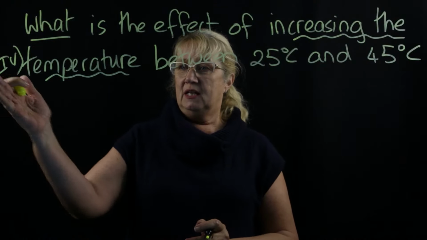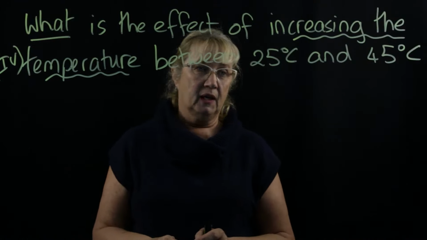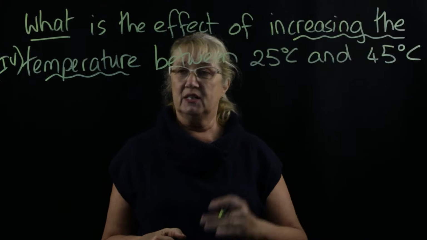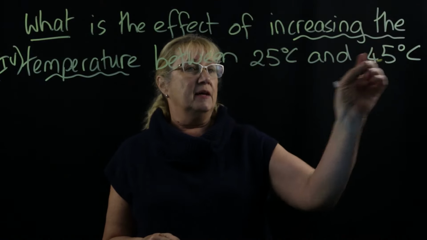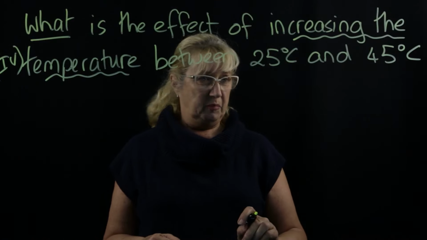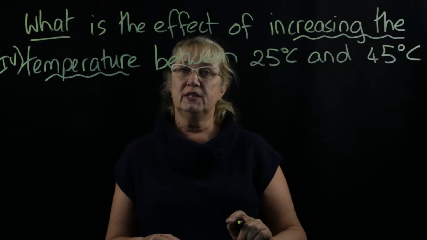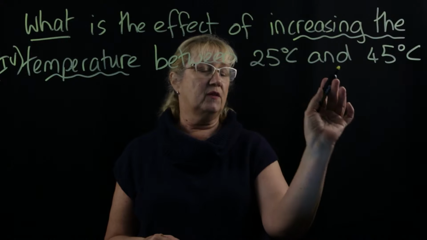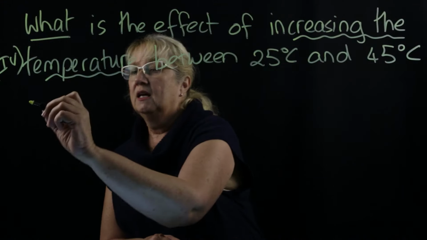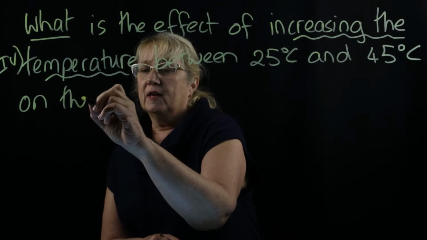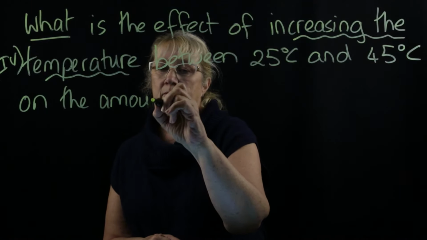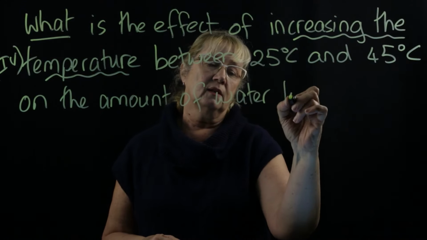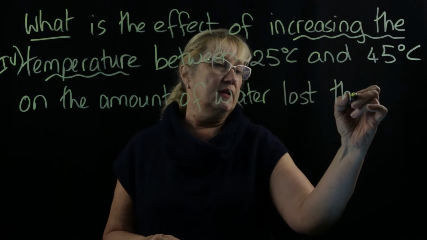I've got my IV, I still need my DV. Fortunately, my rationale was on transpiration, and I'm going to look at transpiration rates in beans for this research question. So what is the effect of increasing the temperature between 25 degrees and 45 degrees on the amount of water lost through transpiration?